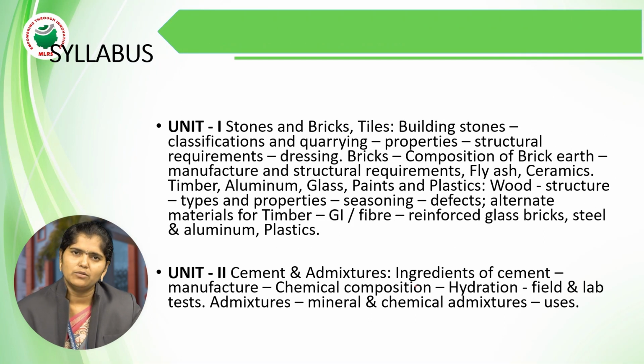So we have 5 units. Unit 1 is stones, bricks and tiles. In the second unit, cement and admixtures, we discuss cement, types of cement and aggregates, admixtures, types of aggregates.